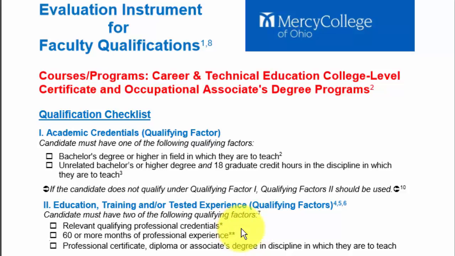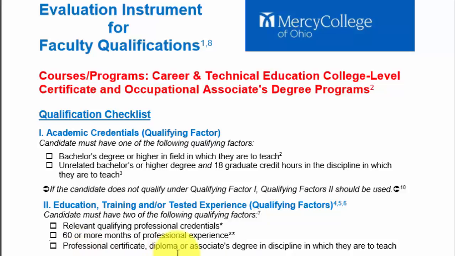Again, this is allowed. Where we had to come up with a number was the years of experience. We felt 60 months was good. Two years, a little too light. Five years, pretty good when you think about professional experience. So we think that's a good base to have, 5 years.